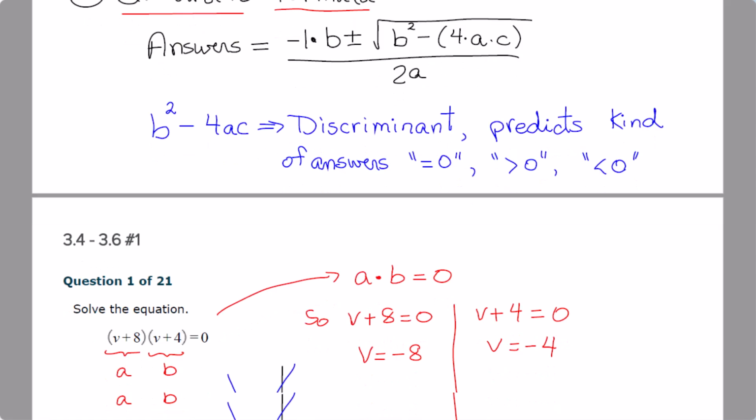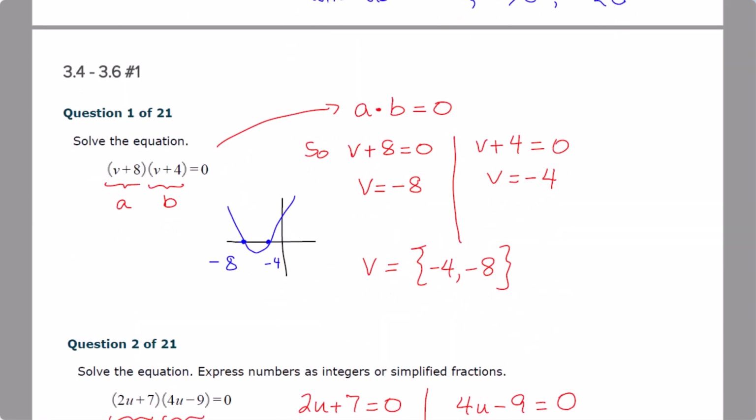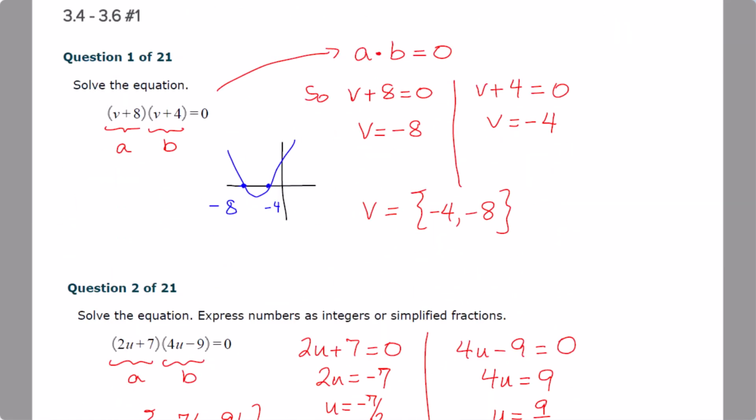All right, so let's take a look here. In question 1, I have a product of two things that is 0. It's already factored, so I just set each piece equal to 0 and solve. I can move the plus 8 to the right, giving me a minus 8.